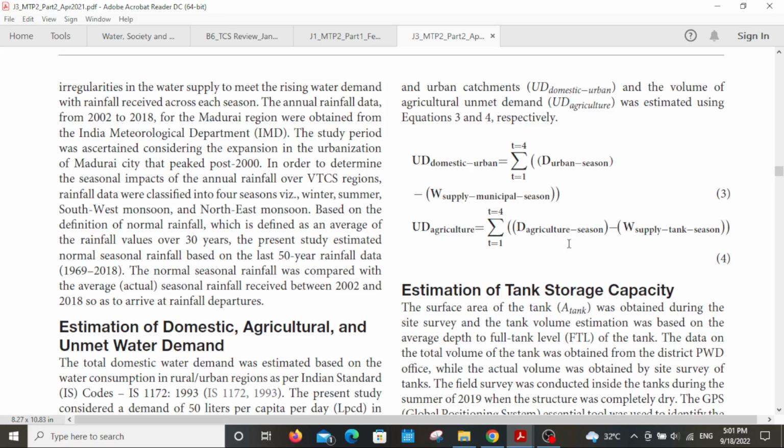Likewise for agriculture, we now know how much is the agricultural water demand corresponding to each season and how much is the water supply available from tanks. So if the tank as a system is taken alone as an irrigation source, then how much water is available in each season from tanks to irrigate the agricultural land, and the difference between the two will provide us how much is the unmet water demand for agriculture.